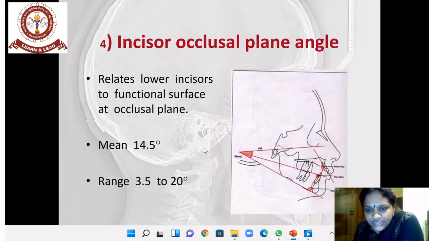What these dental parameters tell us is the relative position of your maxillary and mandibular dental structures over the maxilla and mandible in correlation with the cranial base.